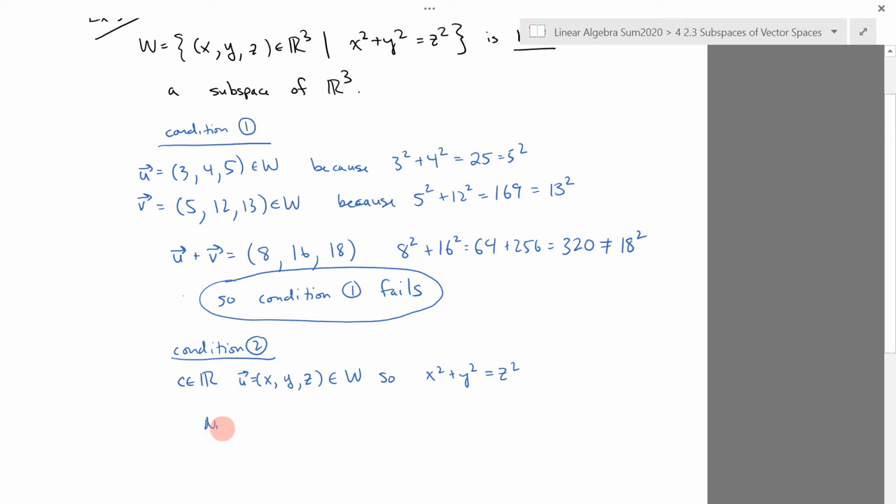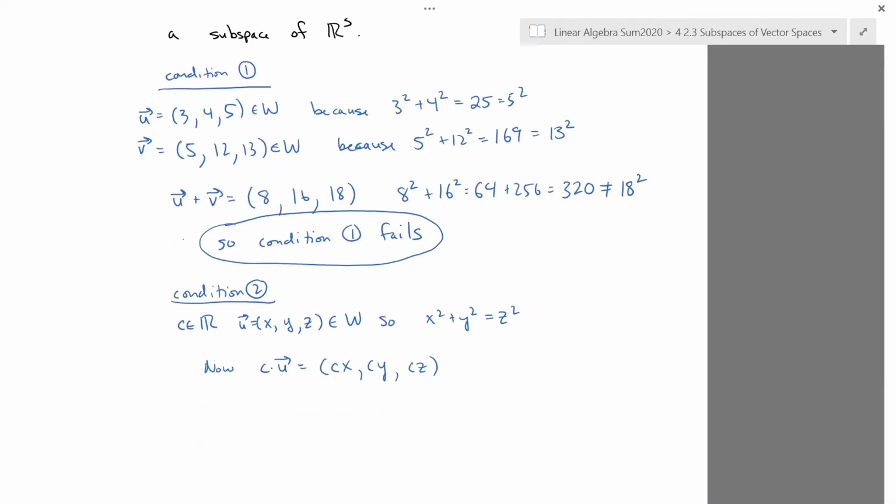Now c times u is cx, cy, cz. If I write out the equation for this, I can just factor out the c squared.